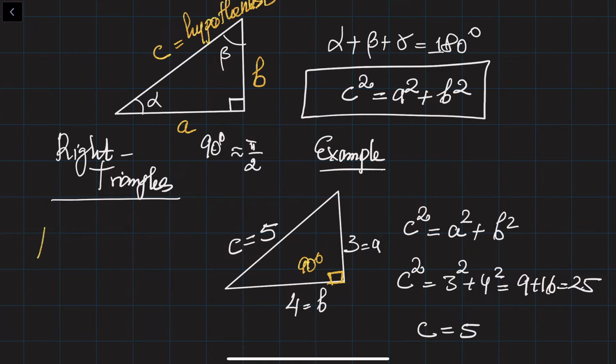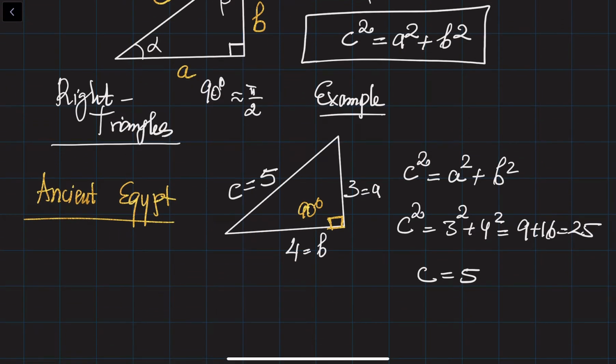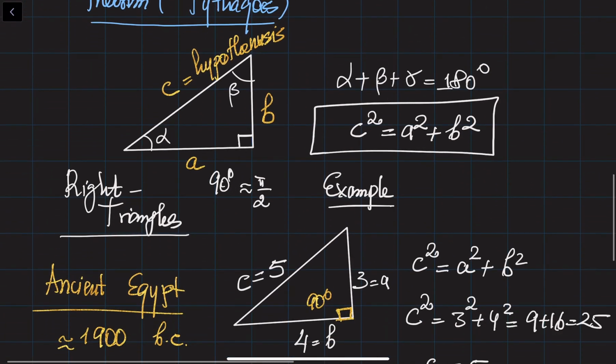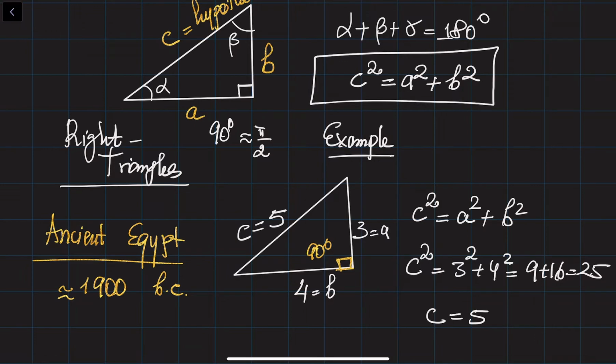So in ancient Egypt, people knew about this theorem and used it roughly 1900 years before the common era, so roughly 4,000 years ago. In that time, this theorem was really important because they could build the buildings using this equation.